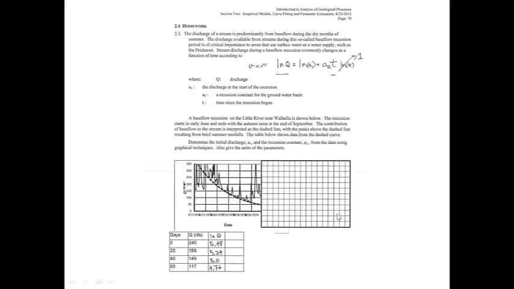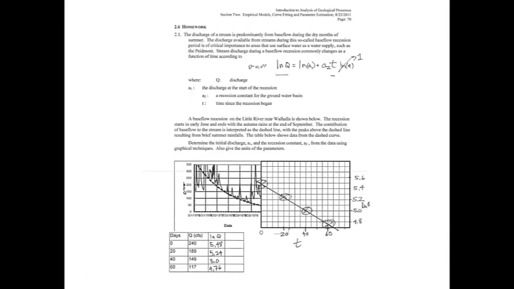And the key here is to make a plot that is accurate and clear. And so here's the way I did it. I have a plot that's the natural log of q as a function of time. And I looked here, the x-axis goes from 0 to 60.